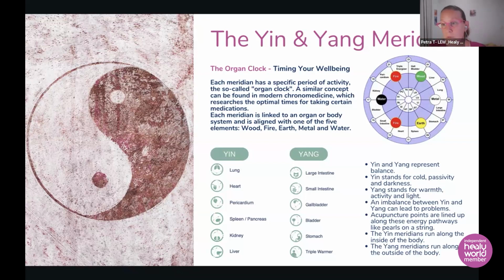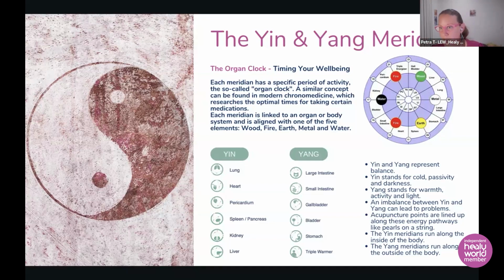We've looked at that in our previous training, so I'm not going to go too deep into that, but I did want to put this here because everything has its balance and there's a reason. Each meridian has a specific period of activity on the organ clock, a timeline in our 24-hour day.